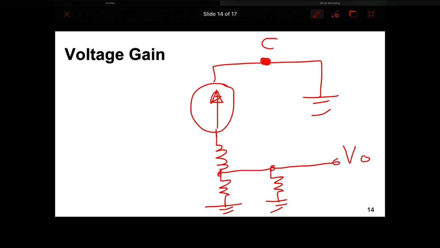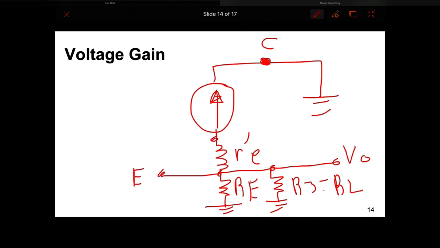Okay, so this would be RL, which is R3, and this is going to be RE, and this is R prime E. So this is the actual emitter, and that's the base.